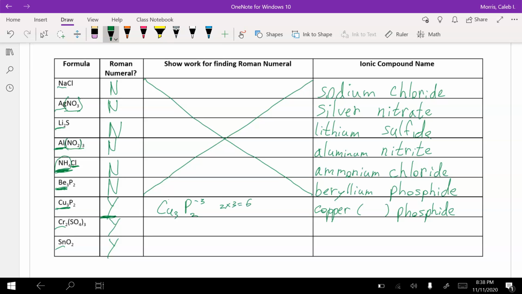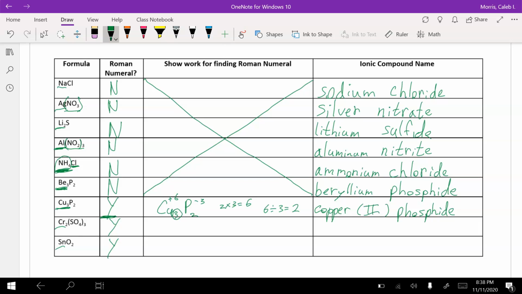By the way, that's going to be the overall charge on this side, +6. Then what I need to do is divide. 6 divided by the subscript, 3, equals 2. And that's what my Roman numeral needs to be, a Roman numeral of 2.